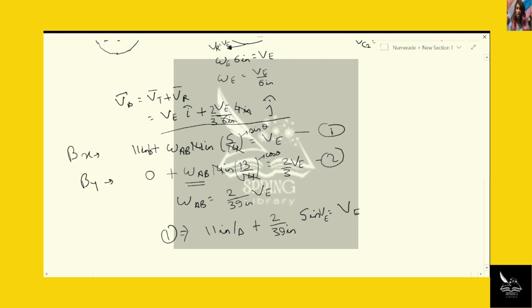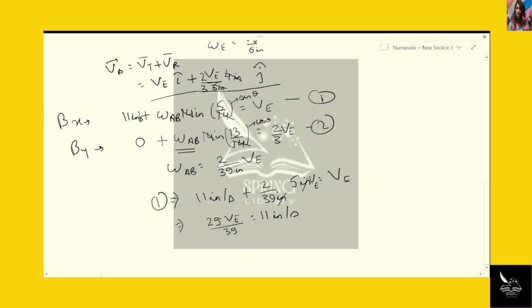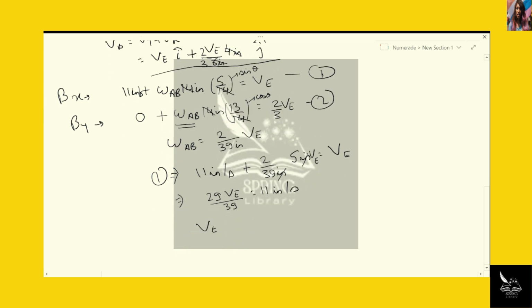So this is 10 over 39. This will go on the other side and subtract. So VE minus 10 over 39 VE is going to be 29 VE over 39. And then inches have cancelled, so this equals 11 inches per second. So VE is 39 times 11 inches per second divided by 29.